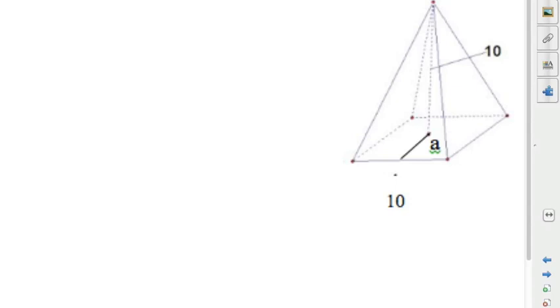So let's calculate the volume first. So the volume is 1/3 A H. It's easier because we're actually given the height of our pyramid.